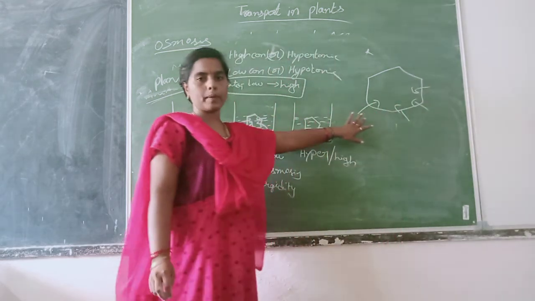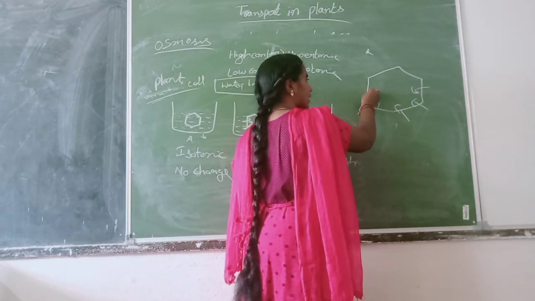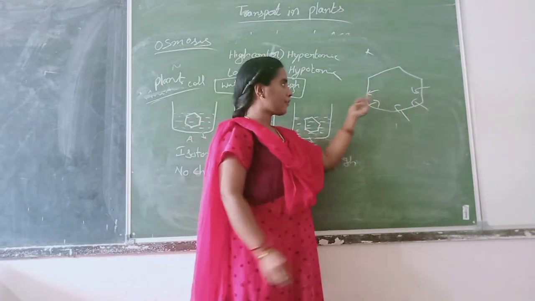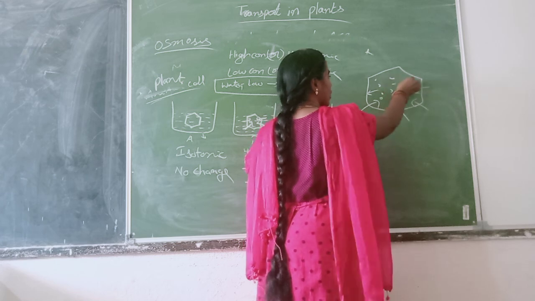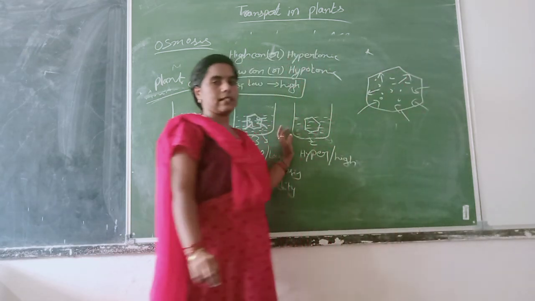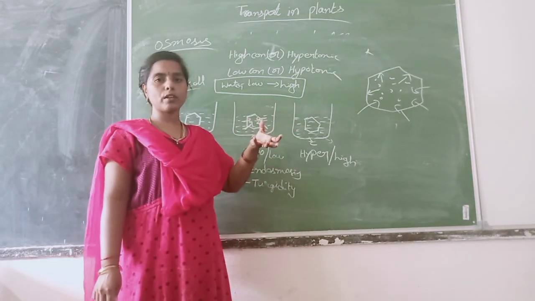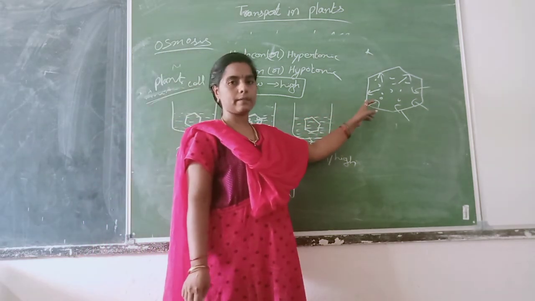Molecules are entering into the plant cell. It shows some pressure on the walls of the plant cell. The water molecules which entered into the cell will show some pressure on the walls. Locally entering water molecules, more amount of water, shows some pressure on the walls of the plant cell.